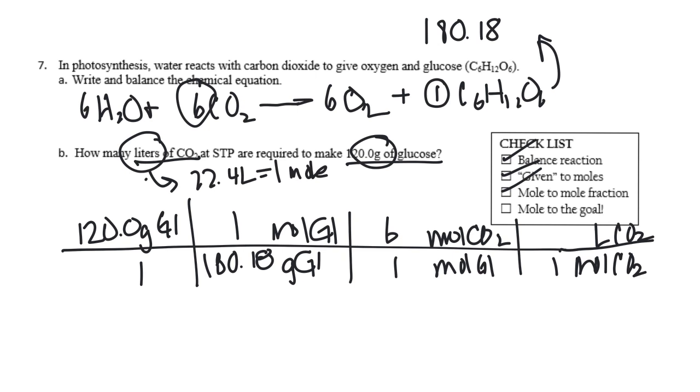That's molar volume. So now I put 22.4 liters. My units cancel. I have the math set up, multiply across the top, multiply across the bottom. I get 89.51 liters.